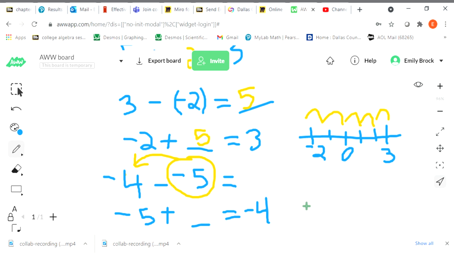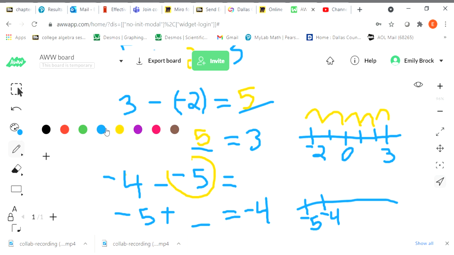However you want to figure it out, I'll just say, look, here's negative 5. Negative 4 is going to be right next to it. So to get from negative 5 to negative 4, I am going to have to add 1.